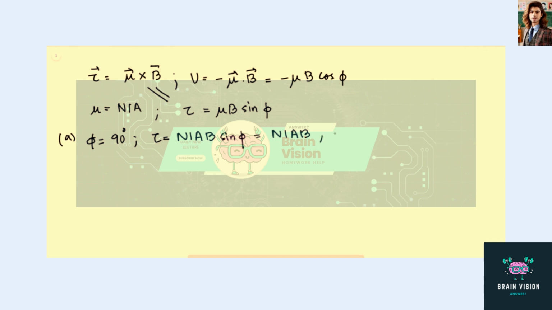And the direction is given by k cap, which is perpendicular to the area, times the direction of the magnetic field, and this is equal to negative i. Similarly, for potential energy, we have mu b cos phi from this equation, and this is equal to 0 because phi is 90 degrees.